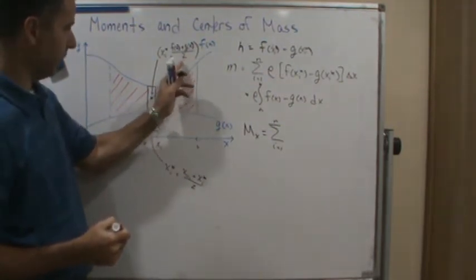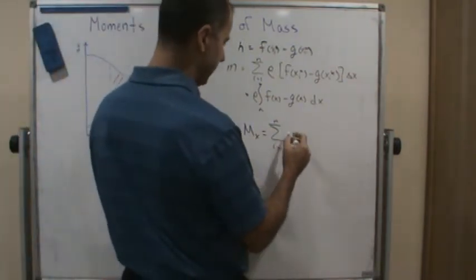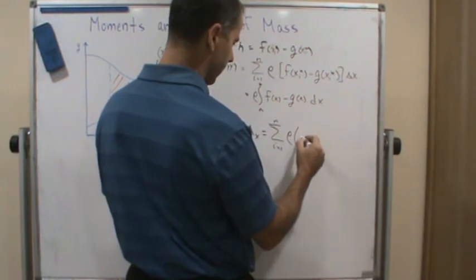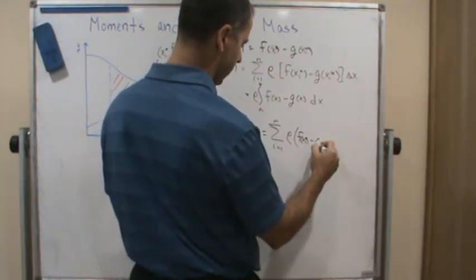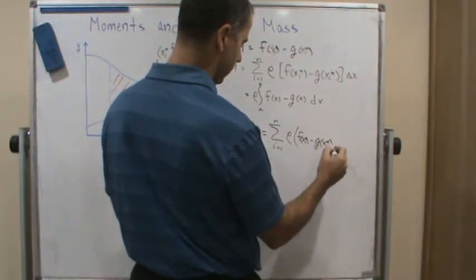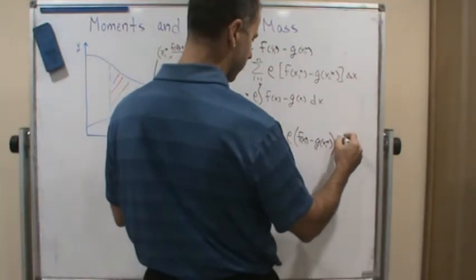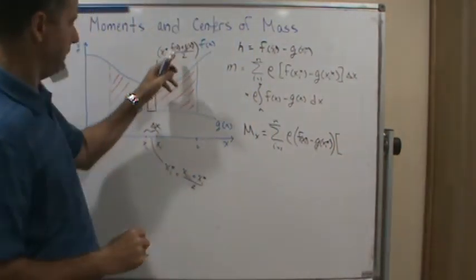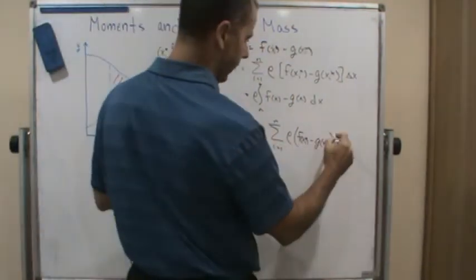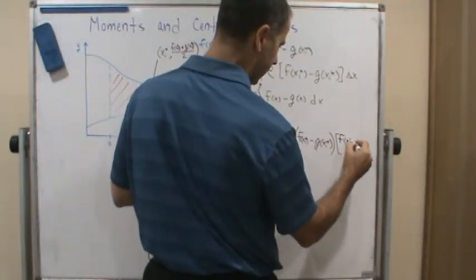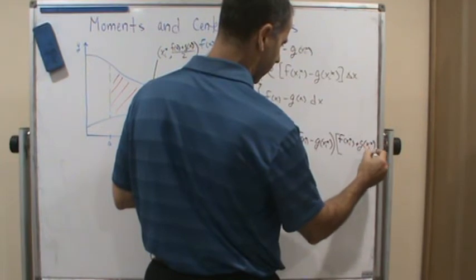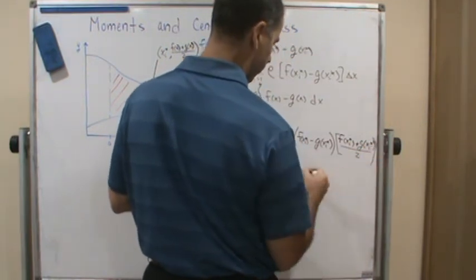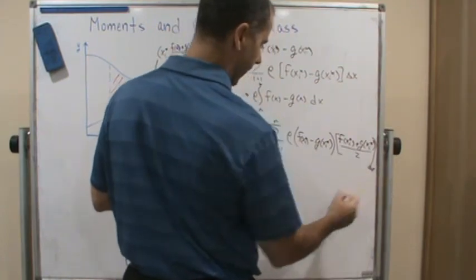So we're going to get rho times f of x sub i star minus g of x sub i star, times f of x sub i star plus g of x sub i star, all divided by 2, and of course we've got the delta x.